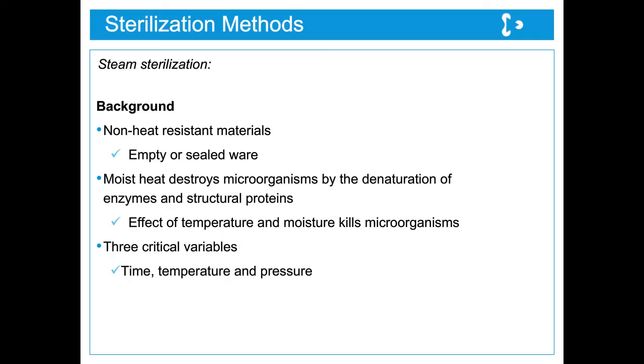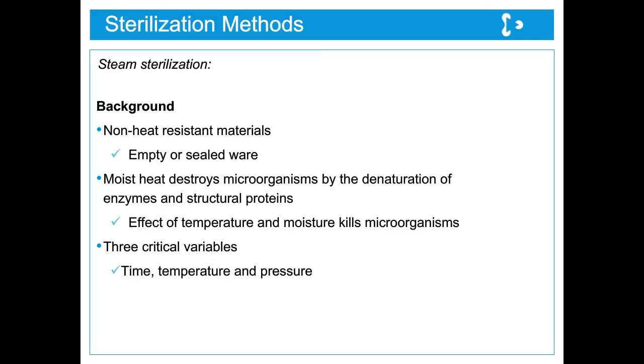Now, this is a high temperature sterilization method, so you do not want to use materials that are heat sensitive. It's critical to note that you can use empty ware or sealed ware. And I'll touch on this shortly. Probably it's actually my next slide where I compare and give you a quick tip. And also there are 3 critical variables for steam sterilization. It's time, temperature, and pressure.